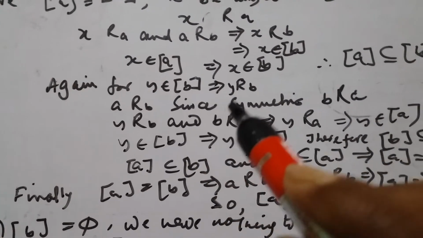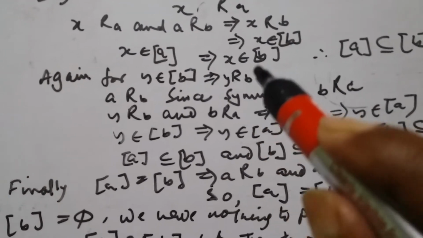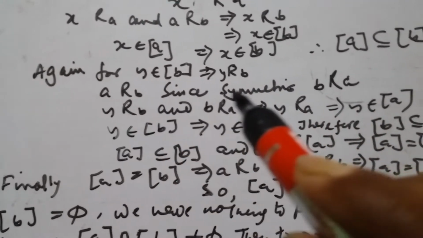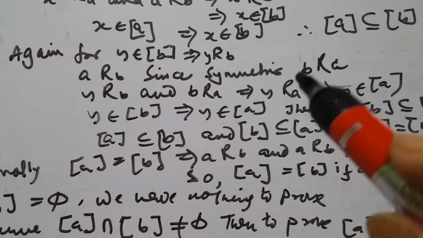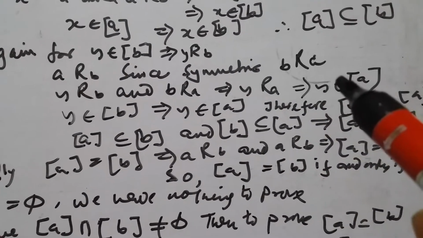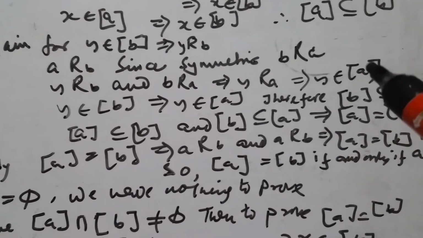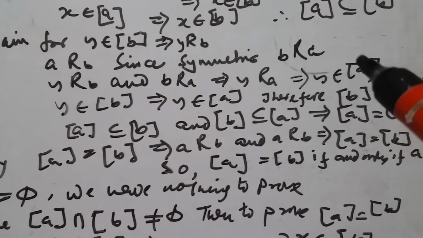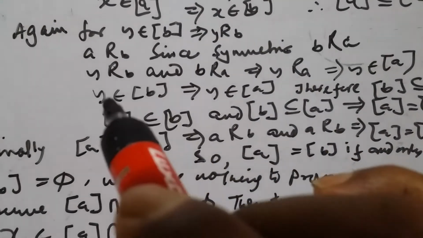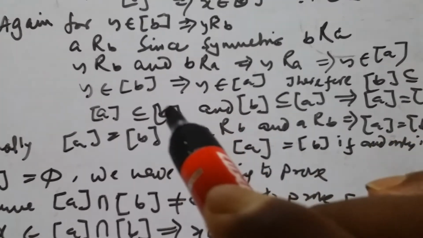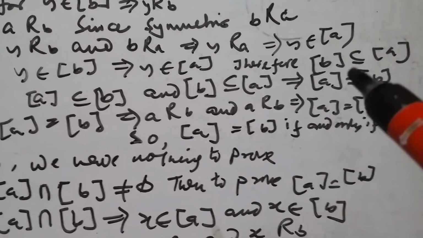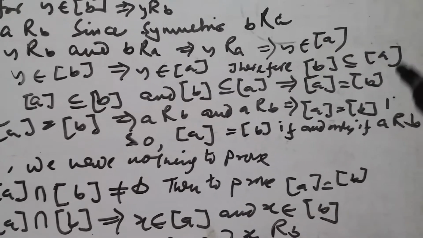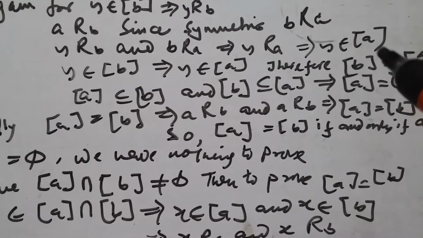Again, y belongs to [b], so yRb. aRb is symmetric, so bRa. So yRb and bRa give yRa, that is, y belongs to [a]. So [b] is a subset of [a].